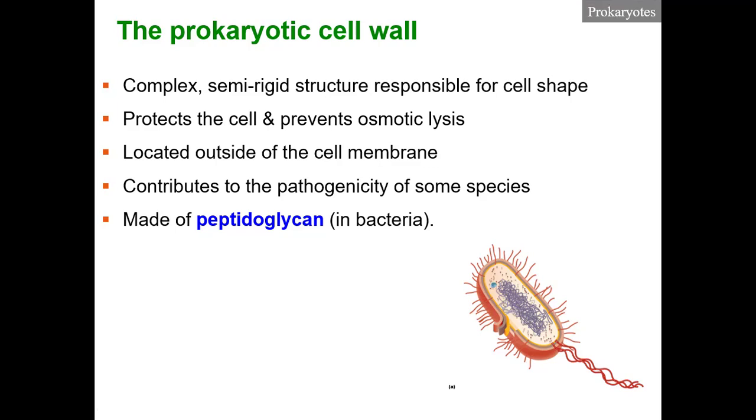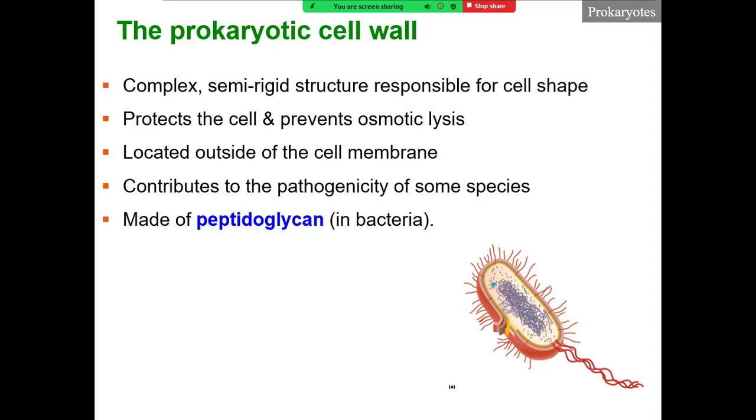But if the cell has a cell wall, the cell membrane can only expand up to the size of the cell wall. And then the cell wall prevents the cell membrane from expanding any further. If the cell membrane cannot expand, there's no further room for water to come into the cell. So that will prevent water from entering the cell, and that will prevent osmotic lysis.